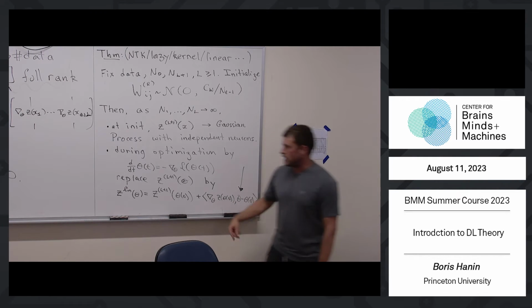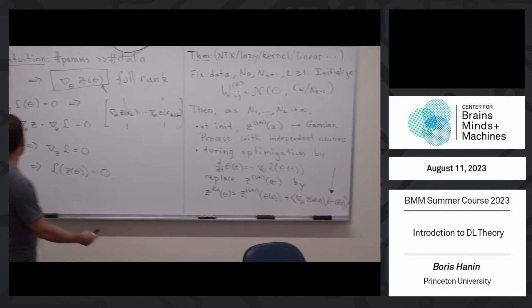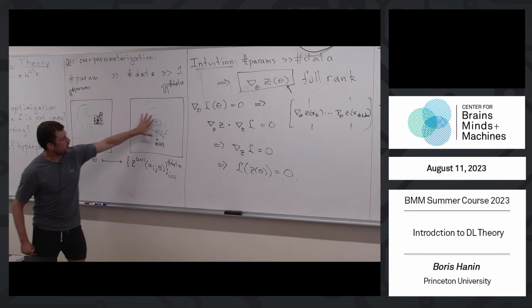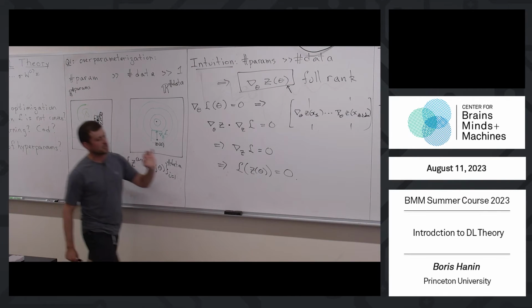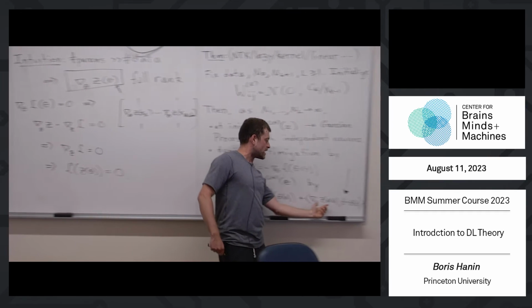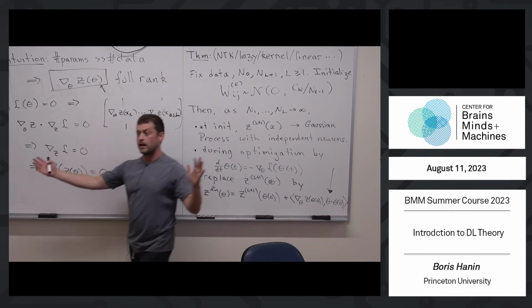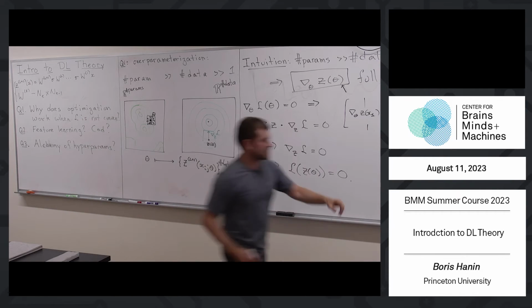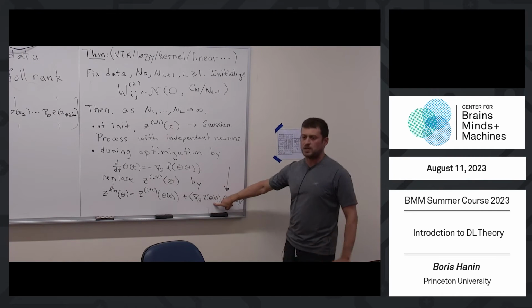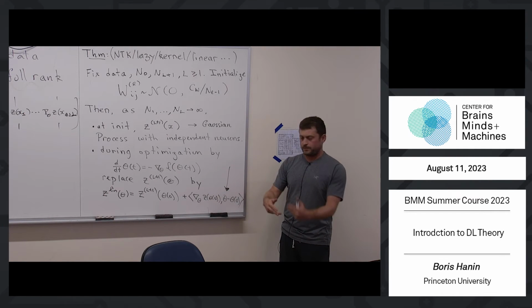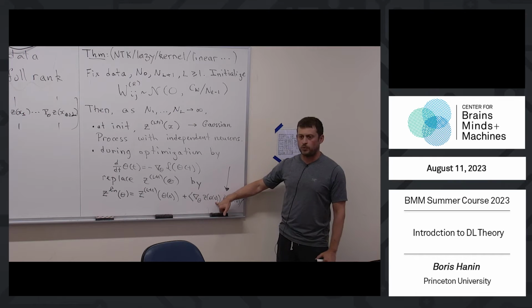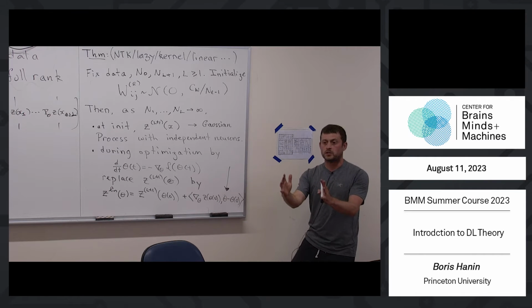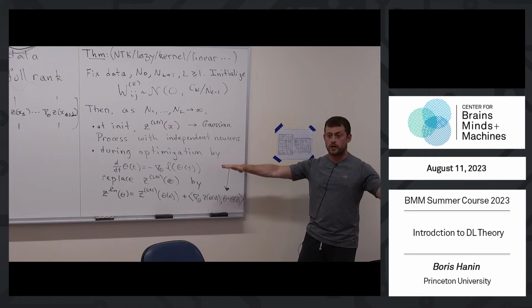So in other words, what this is saying is if your network is wide enough, all you have to check to make this picture precise is just that at the start of training, your Jacobian has full rank. Because it's frozen at initialization, it's constant as a function of time. Sorry, that's the key point. You linearize only around the start of training, and then you keep that linear model forever.